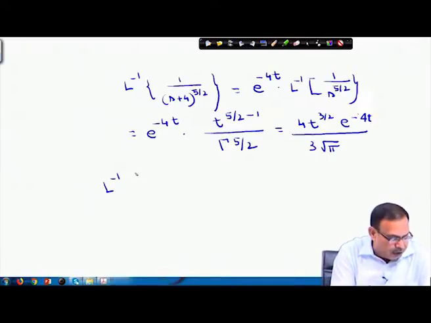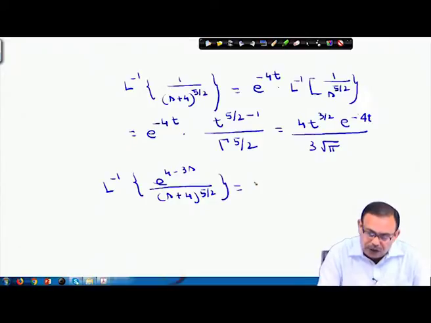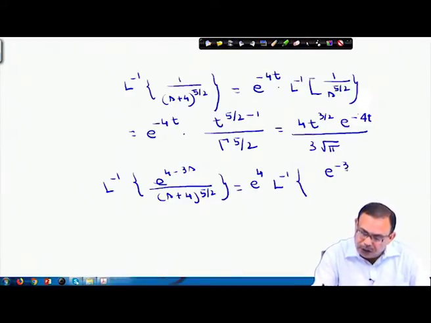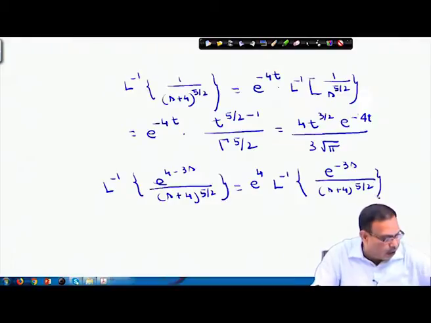Therefore, Laplace inverse of e power minus 3 s by s plus 4 whole to the power 5 by 2, again using the property, will be equal to, you can write down, and this equals L inverse e power minus 3 s by s plus 4 to the power 5 by 2. I can write down this. And what is this?